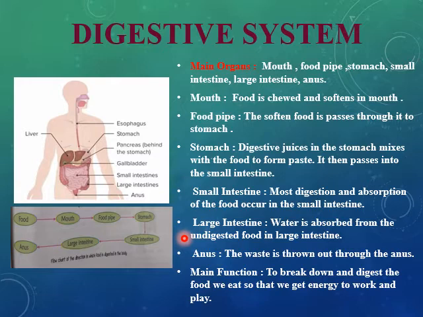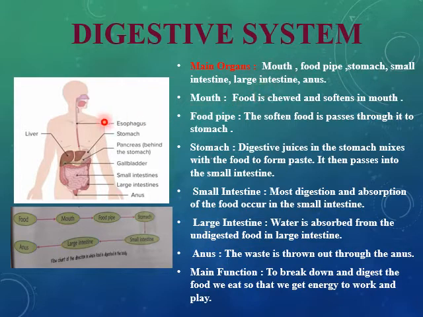Understood all of you? Now let's see first the organs that are included in our digestive system. The main organs are the mouth, food pipe, stomach, small intestine, large intestine and anus. These organs form our digestive system.